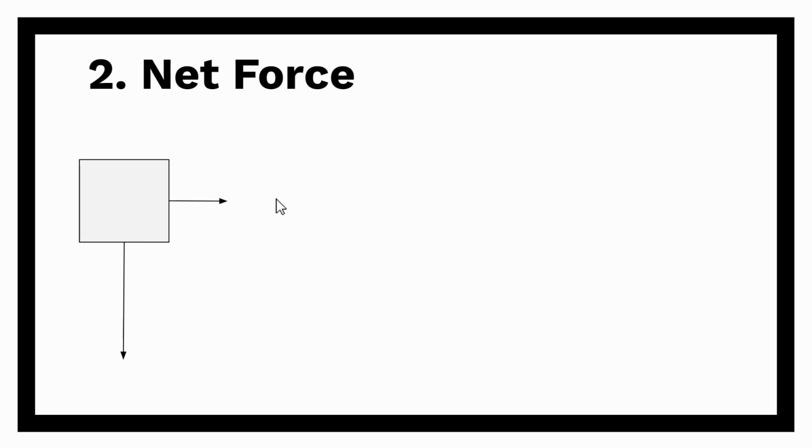And when you do that, especially with vectors like this, right, you need to move them so that instead of starting at the same point, instead of starting in the middle of this object, they need to start at the end of each other. So like this one. Now, instead of coming out from the middle of this object, we have the net force going from the center to the end.